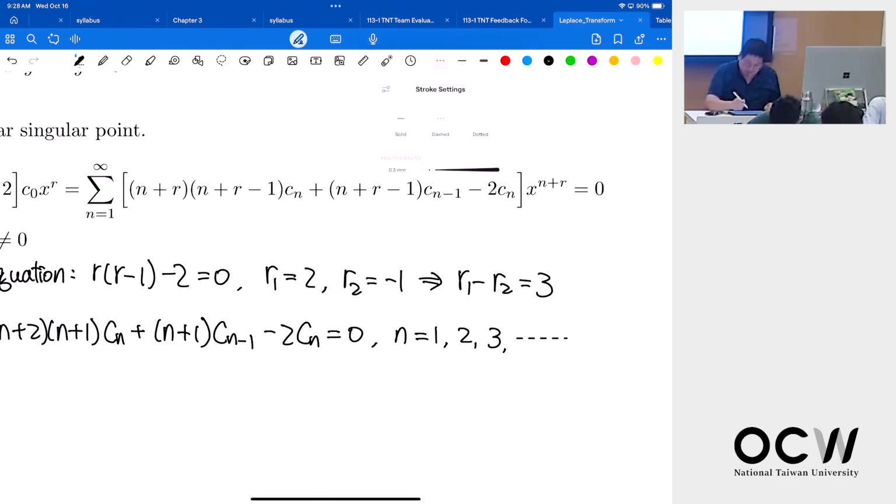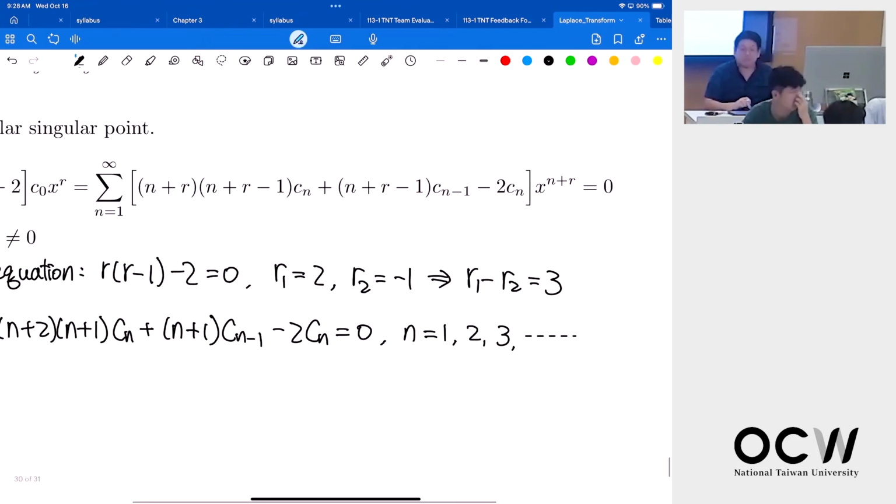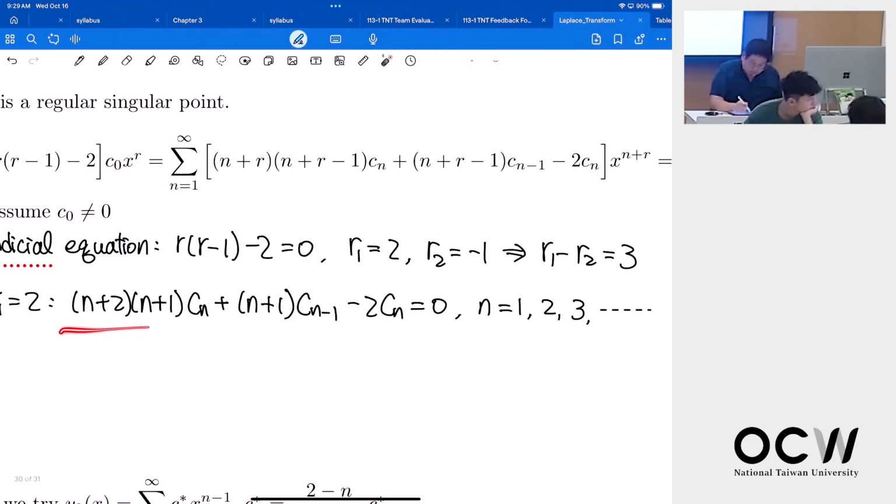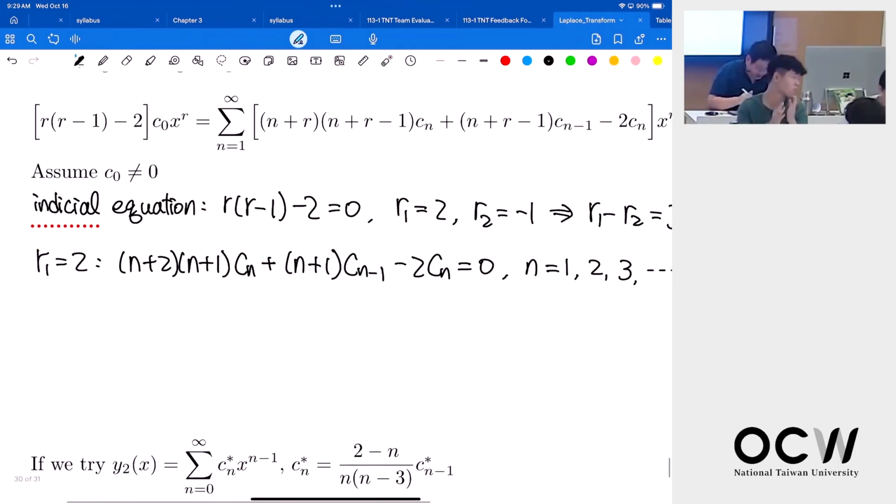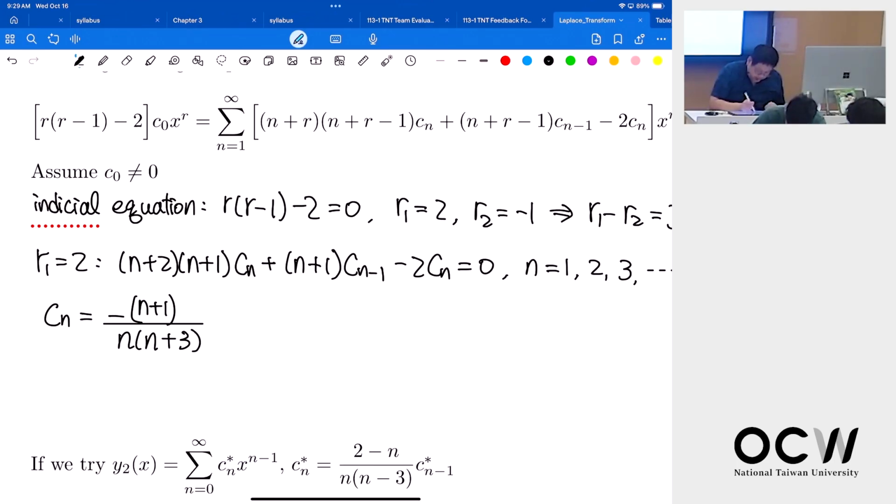Great. From this equation, we can get the relationship between cn and cn minus 1. So we have cn equals n plus 1 divided by n times (n plus 3), times cn minus 1.